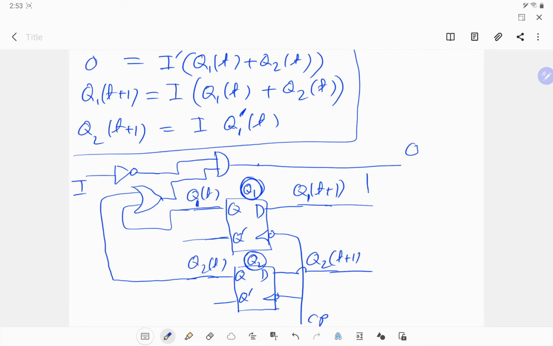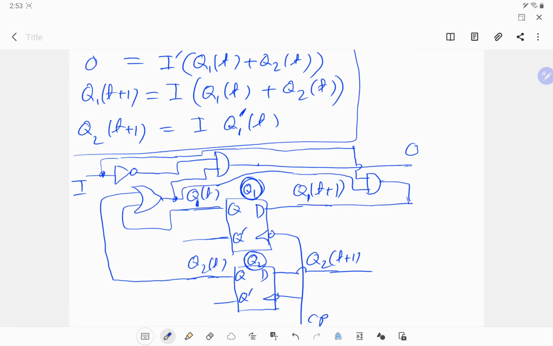The one input is I. It is getting a little complicated because of the space, but the circuit itself is not that complicated. There's I, and we also have Q1t plus Q2t. There we go. So this is Q1t plus 1.